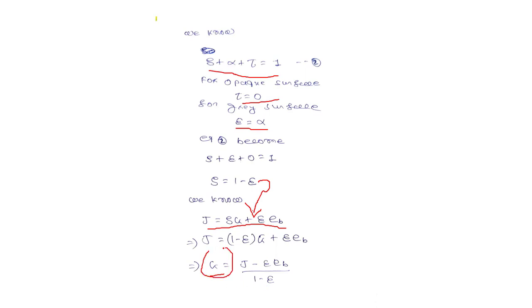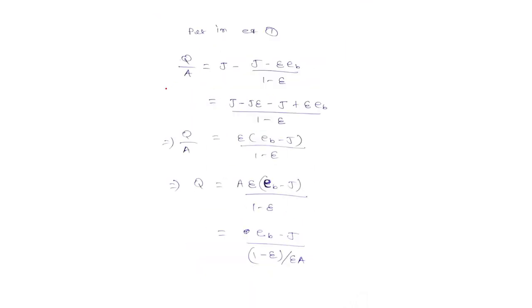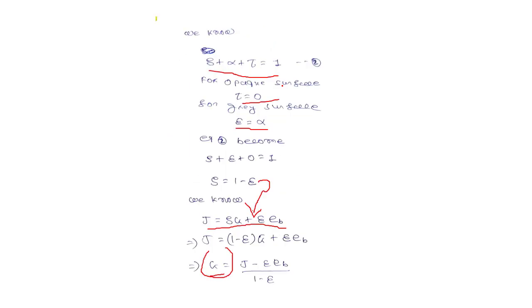Put this equation in our previous equation. So we get Q upon A equals J minus G. Instead of G, we are putting J minus epsilon EB upon 1 minus epsilon that we derived.